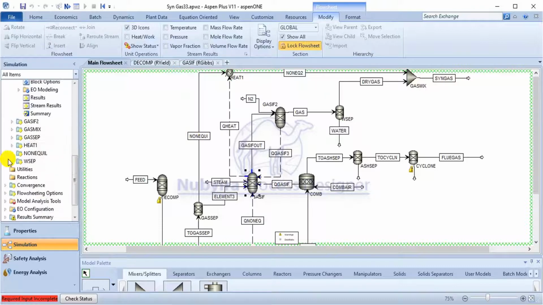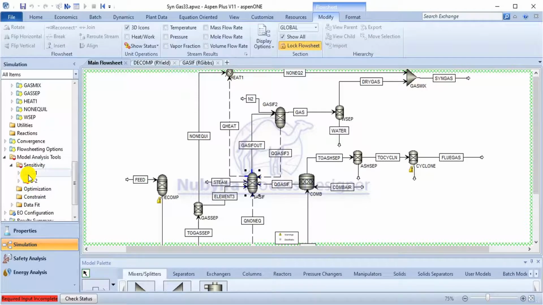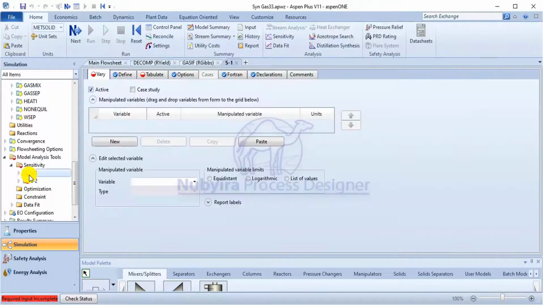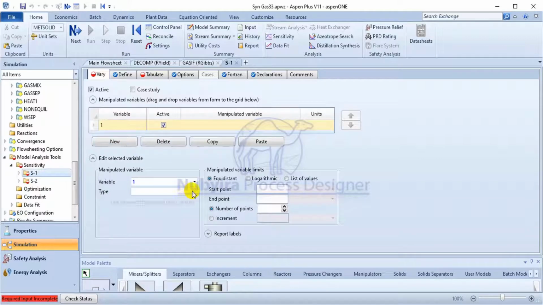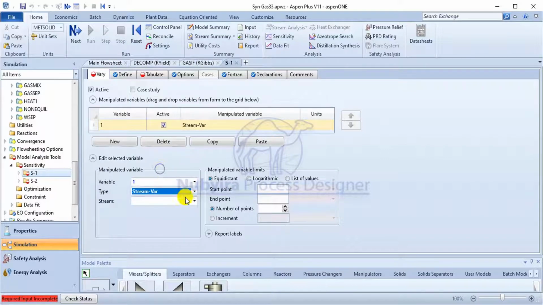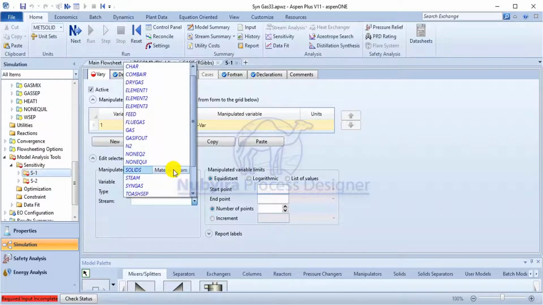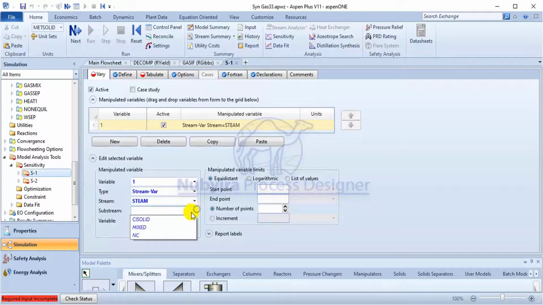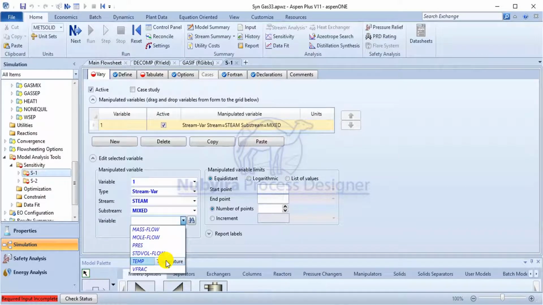Right now I'm going to finish up the sensitivity for this one, doing it for the steam. When we do it for the stream, we use stream variable, then mixed substream, mass flow.